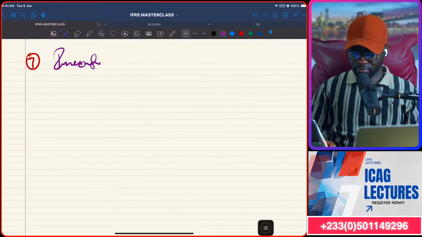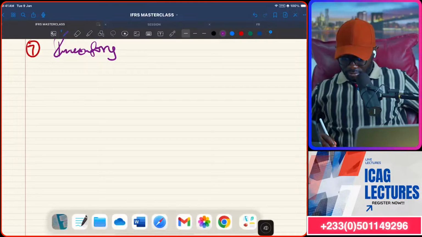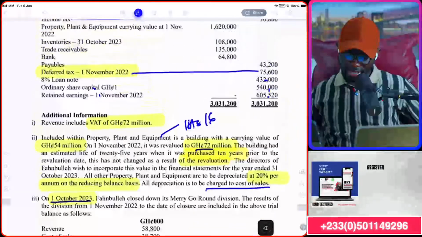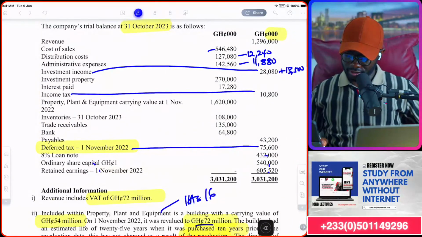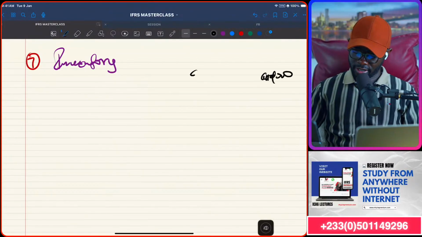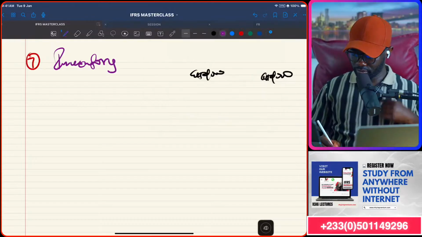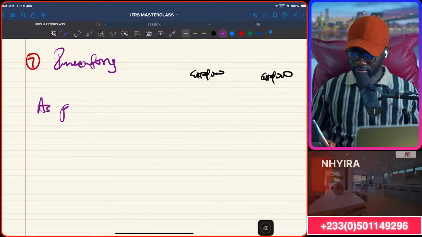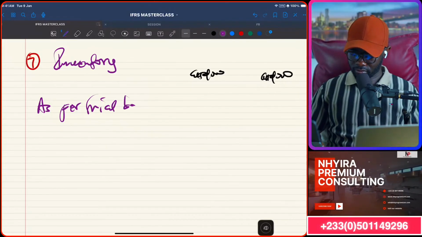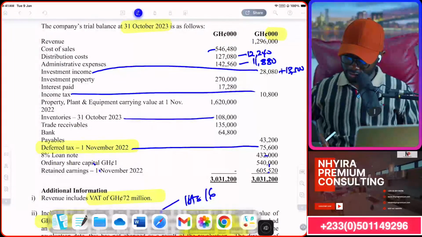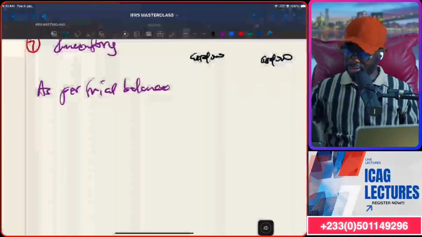Inventory. So if we check the trial balance, let's go to the trial balance. Remember they said inventory here is 108,000. So permit me, because I want to do the workings well. So as per trial balance, 108,000.